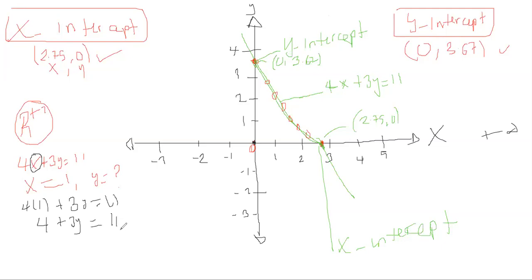So we have to move the 4 to this side. Obviously it's plus, so it will change sign when we move it. So this will be 3y equals 11 minus 4.